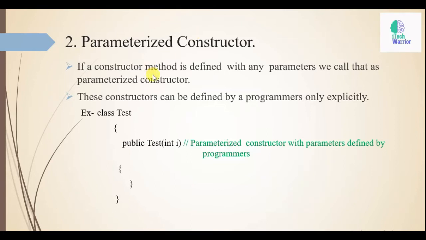So if a constructor method is defined with any parameters, we call that a parameterized constructor. These constructors can be defined by programmers only explicitly. So here is a small example. So this is a constructor under the class Test. So here we declare a parameter. So this is a parameterized constructor.